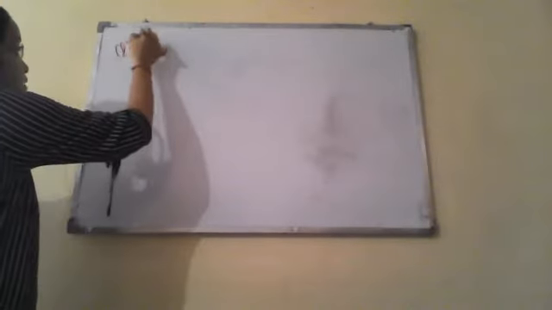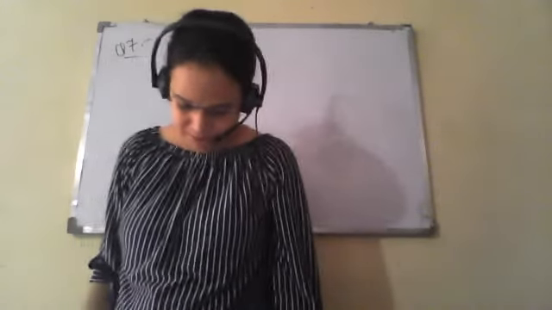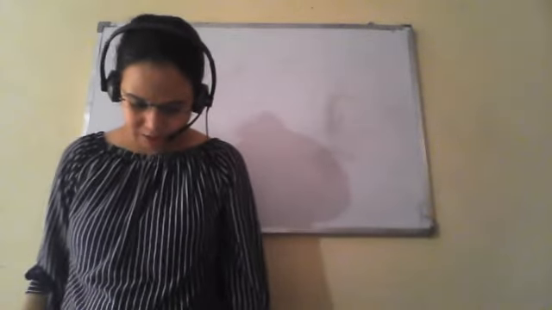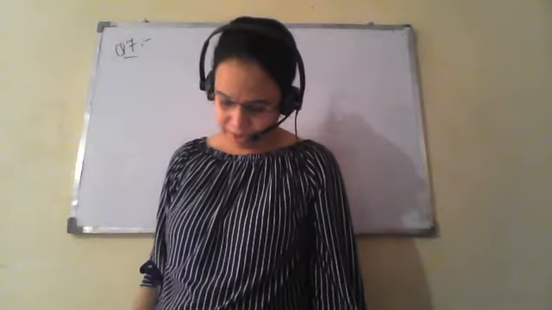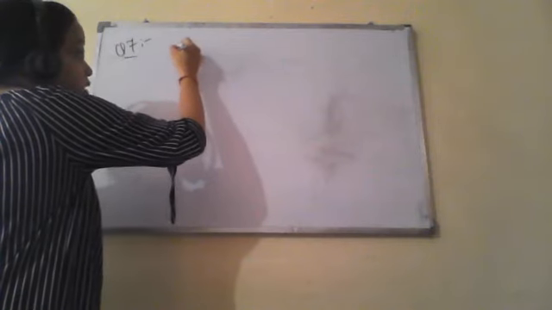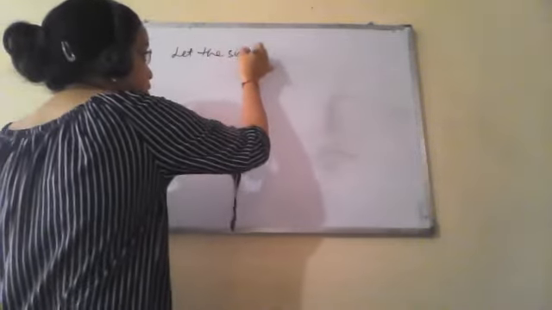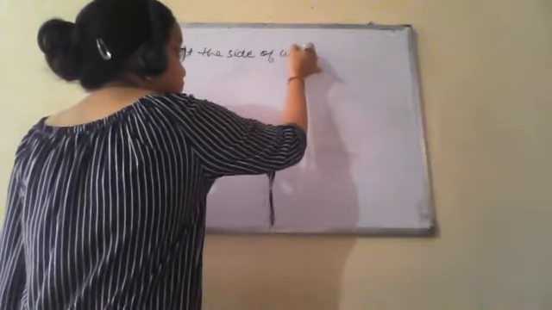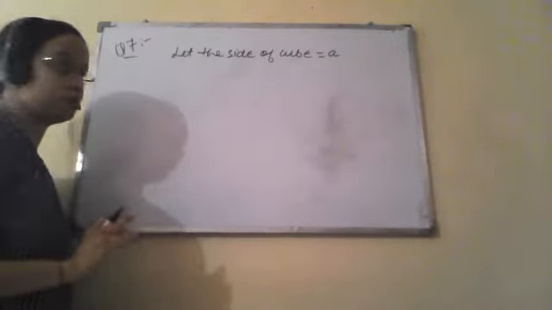Now question number 7. If each edge of the cube is doubled, how many times surface area increases? Okay. And how many times its volume will increase? Now, let the side of cube, we will assume, be a, any unit.